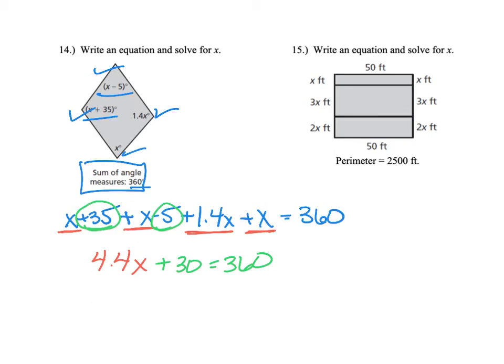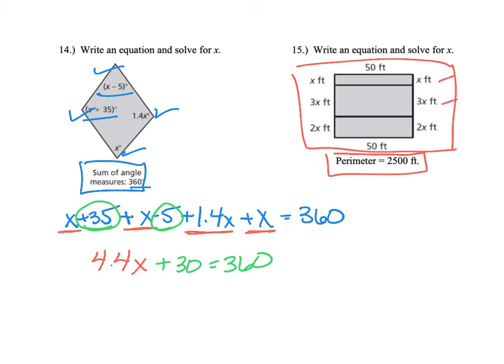The next one, I'm looking at perimeter. So that means I'm going to add up all the sides. So I'm going to kind of do this a little bit down here so that you can see it. One side, I've got an x. I have 3x for a total of 4x, plus 2 more is 6x.